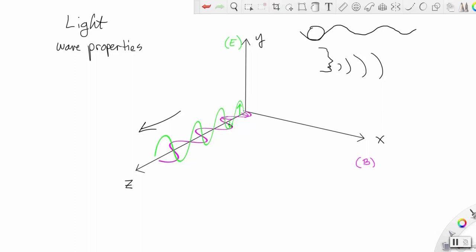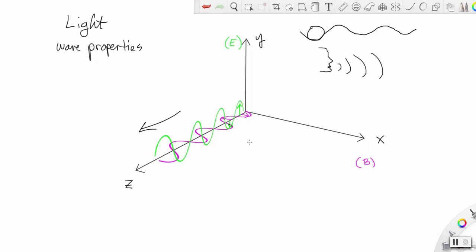It does not require another medium, or if it does require a medium, we would call that the electromagnetic field. And so it's kind of interesting that this thing is sort of pushing itself through space. Or at least is rippling through space on its own with no medium required.